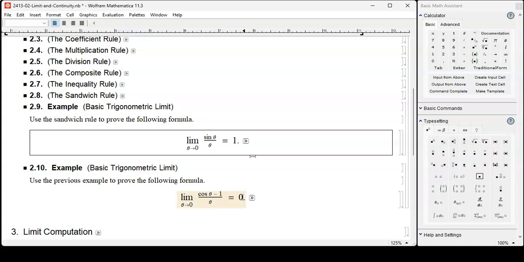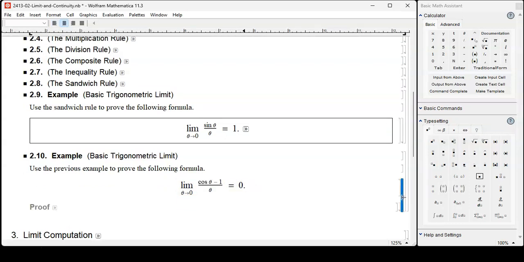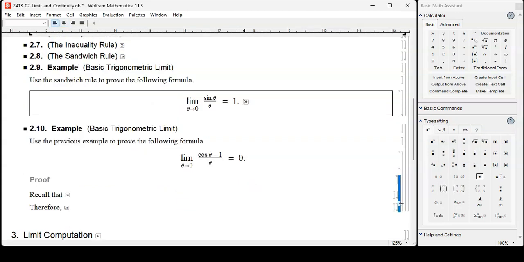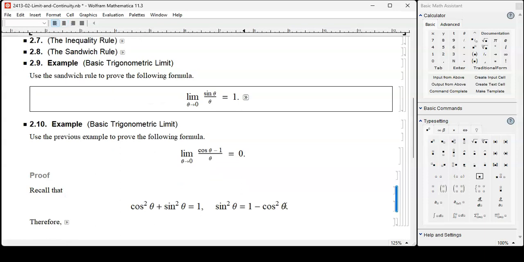So how do I use this to prove that? Well, we multiply by the conjugate here. Cosine squared plus sine squared is 1, so sine squared is 1 minus cosine squared.